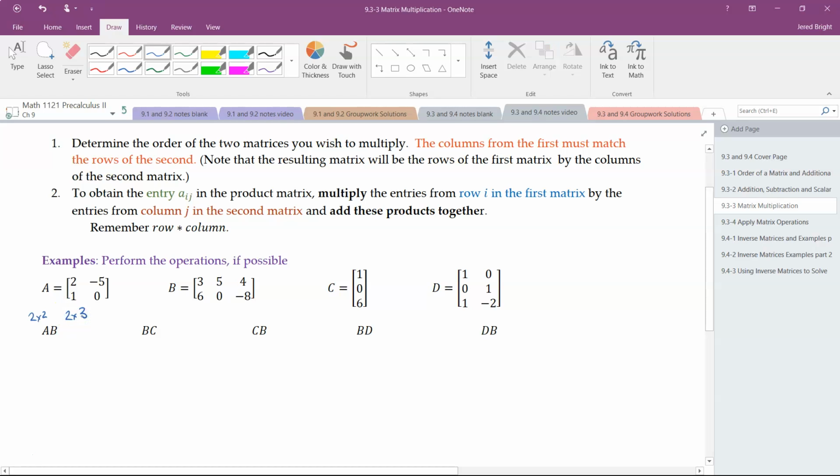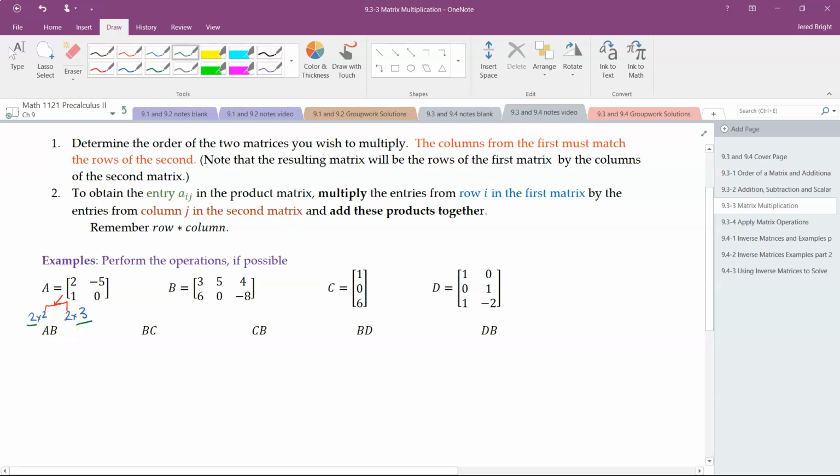What needs to happen is that the columns of the first matrix, that's the second 2, and the rows of the second matrix must be the same. If they're not, you can't do the multiplication. As a side note, the final matrix is going to be a 2-row by 3-column matrix. So that's where the other numbers are useful.